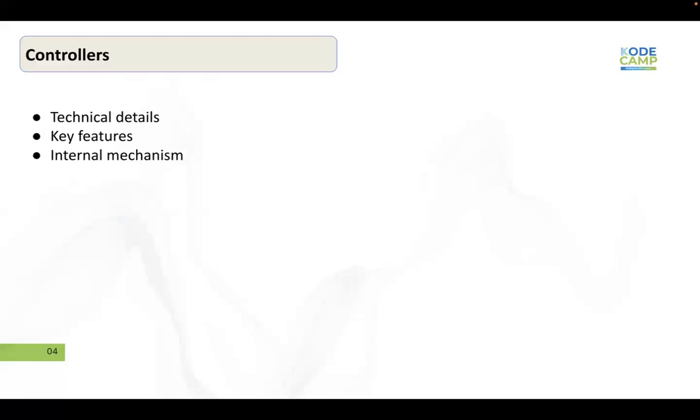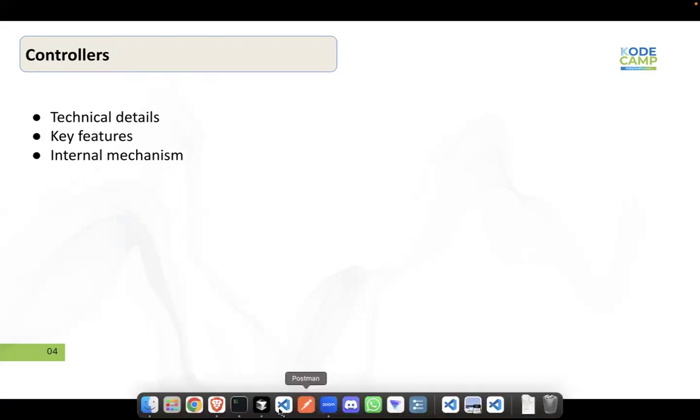The key features are just what we've seen: the route parameters, at param, the decorator that extracts route parameters. And then we have the query parameters, we have the request body, we have at headers, we have a route prefix.